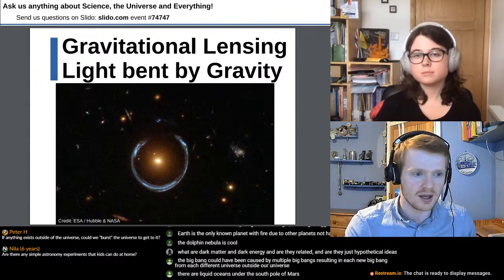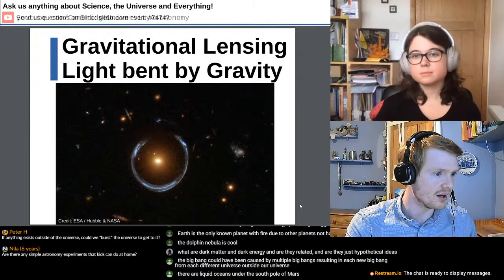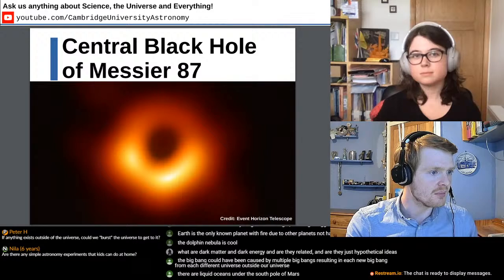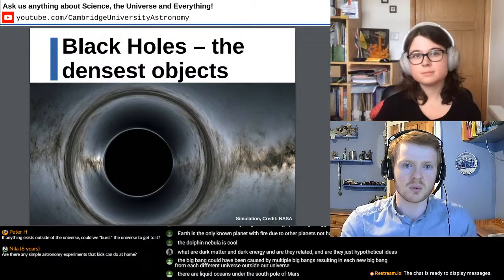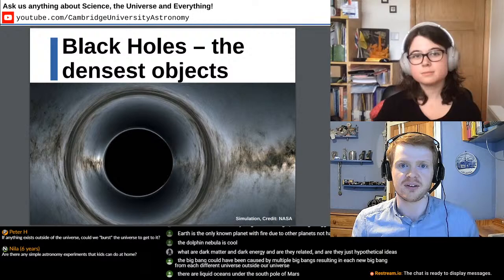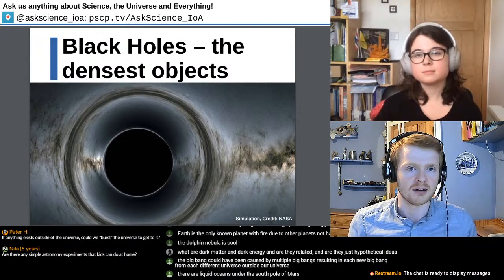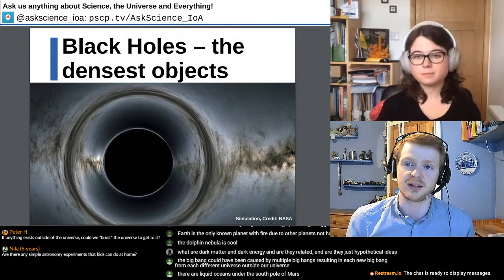So when we have black holes, like this image here, then inside what we call the event horizon, which is the ring you can see between the black and the rest of the image, the gravity from the black hole is so strong that nothing can escape, not even light.